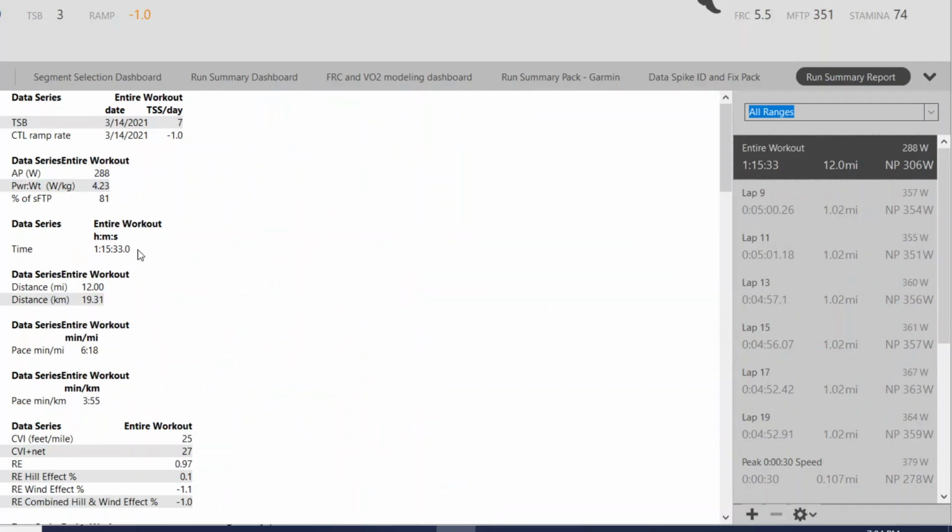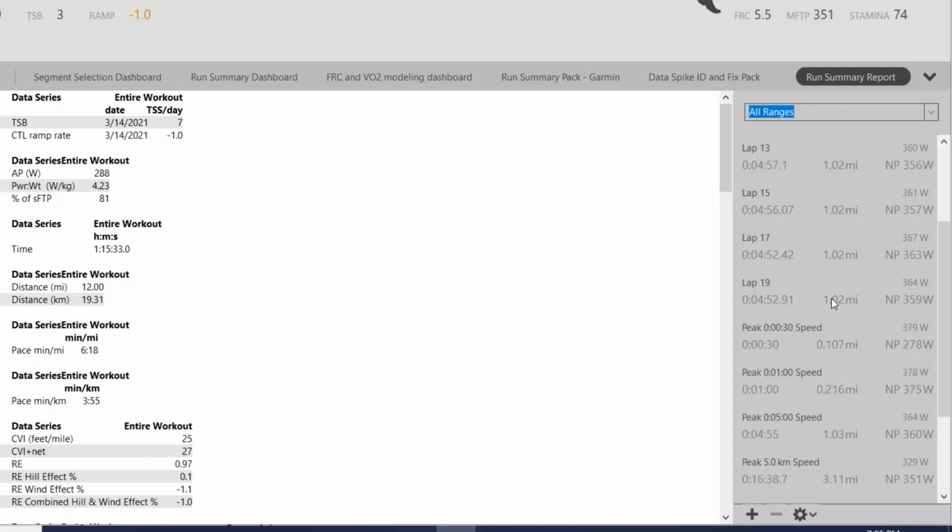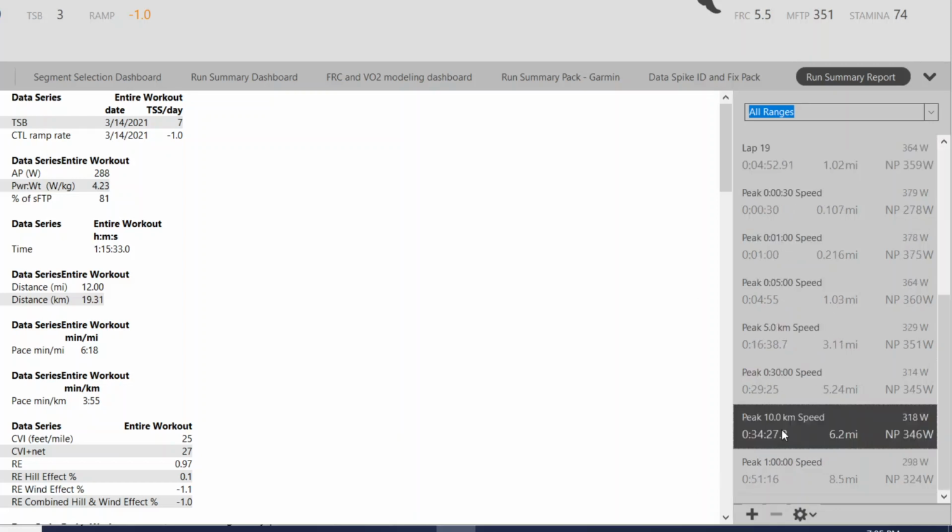This time is the duration. So it'd be race time, or the file duration, or if I wanted to look at the fastest 10K segment, there's the fastest 10K segment right here, 34:27. It gives you the distance. I have both miles and kilometers because I have athletes that work in miles and others that work in kilometers.